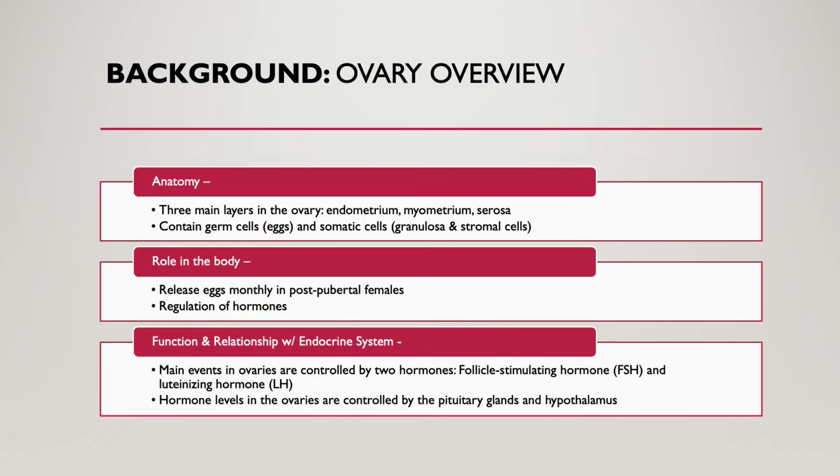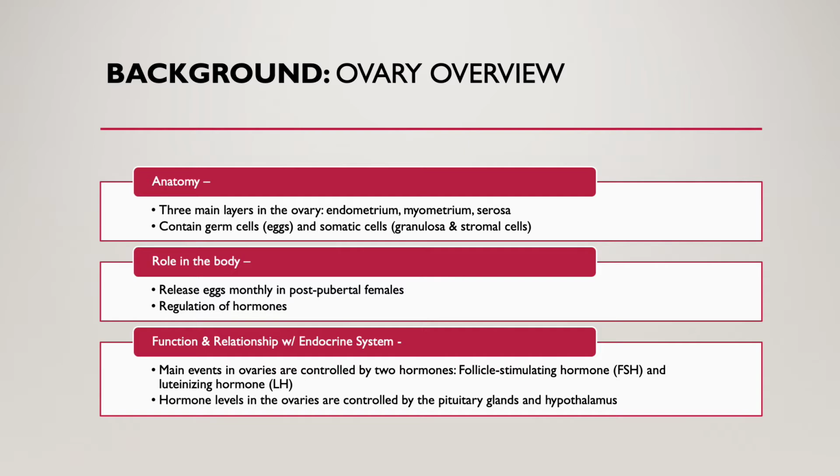Since my review is specifically on the ovaries, I wanted to take some time to walk through the anatomy of the ovaries, go into a little more depth about their role, and also review how they function as organs. There are three main layers in the ovary: the endometrium, the myometrium, and the serosa.